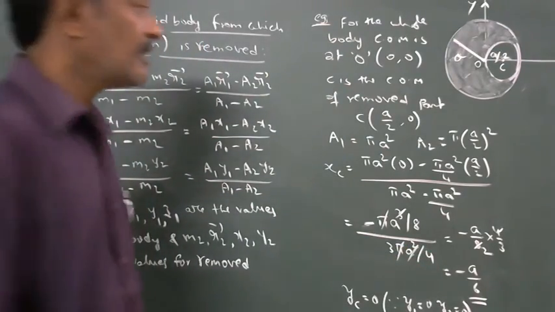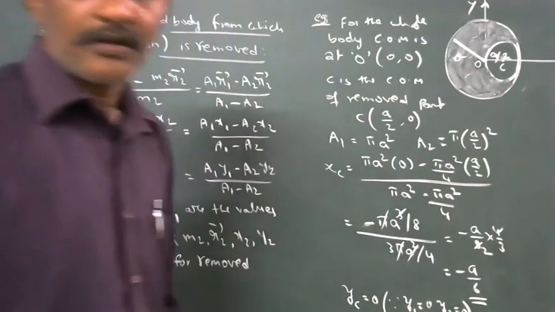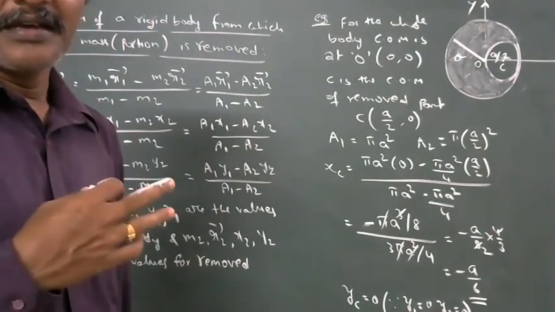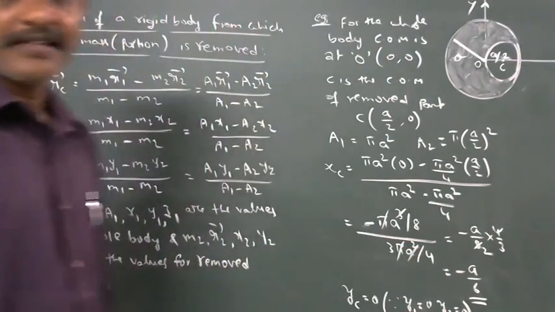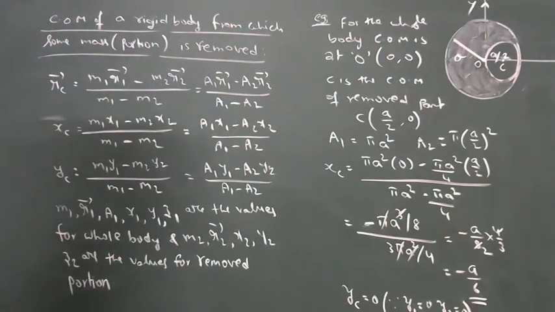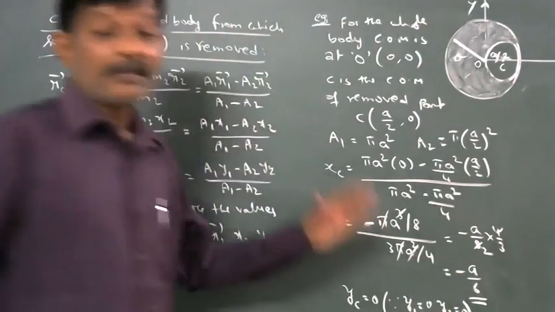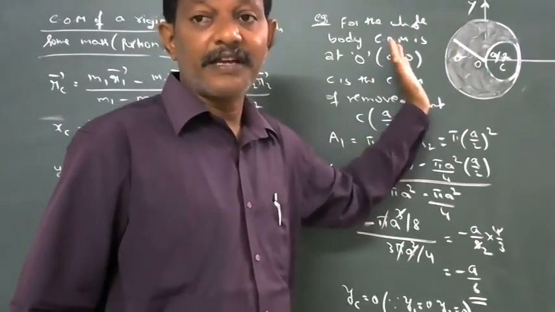The minus sign indicates that the center of mass is on the left side of the origin.